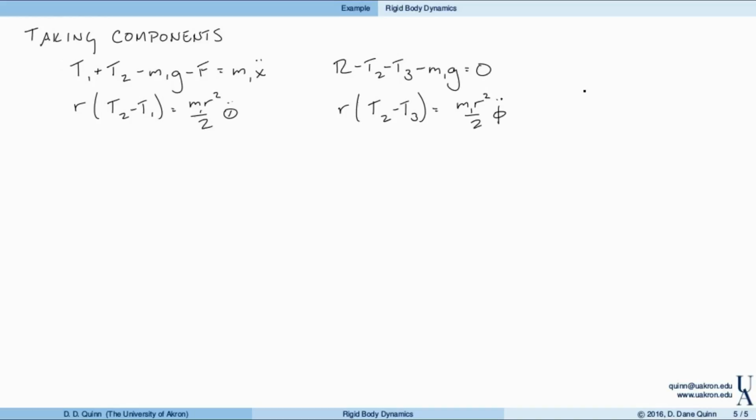Finally, for the block, we have T3 minus M3 G, the weight, equals M3 Y double dot. And recall we also have constraint equations. So we have relationships between x and y and phi and theta.